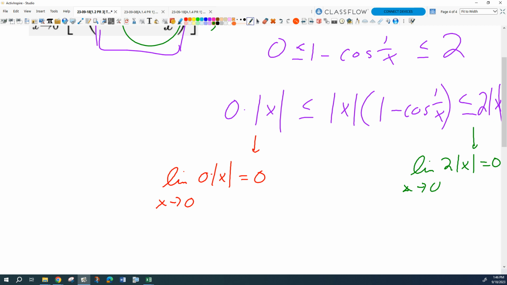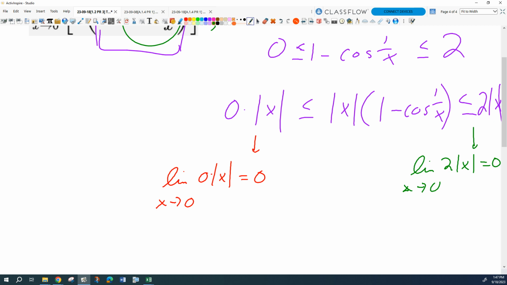Well, if the limit of 0 times the absolute value of x as x approaches 0 is going to 0, what's the limit of 0 times x going to be? Let me say that again.